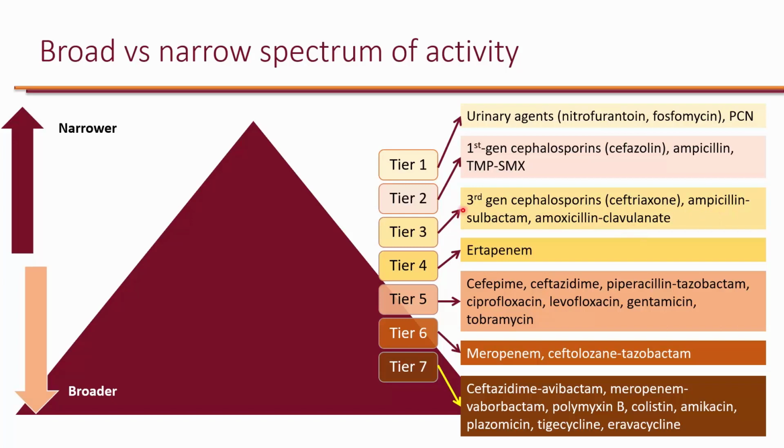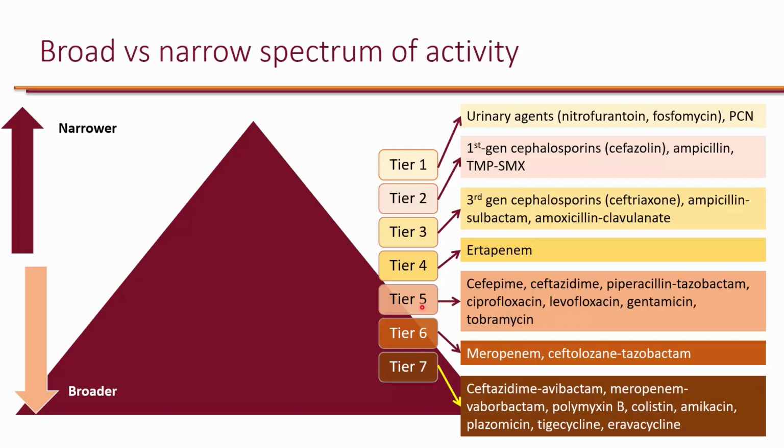So tier 3 is more likely to cause collateral damage and infections due to Clostridioides difficile compared to tier 2 and tier 1. And tier 4, which includes ertapenem. Ertapenem is a carbapenem that's actually the narrowest carbapenem available, and it's typically reserved for ESBL infections.